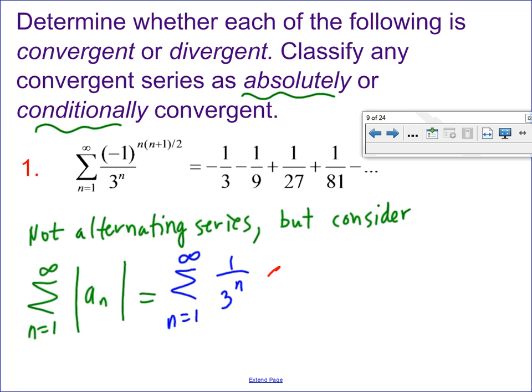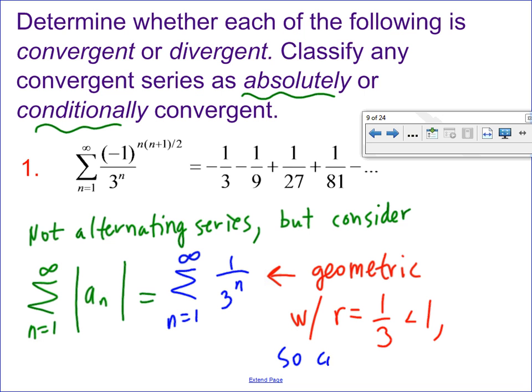So this is geometric with r equals 1/3, which is less than 1, so it converges. Because the series of absolute values converges, the original converges absolutely.